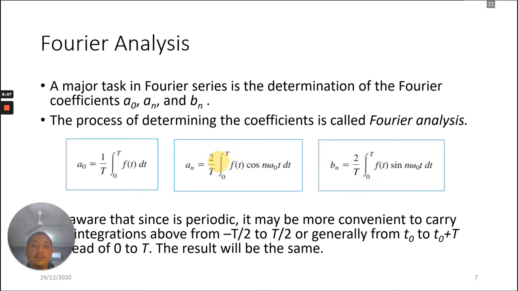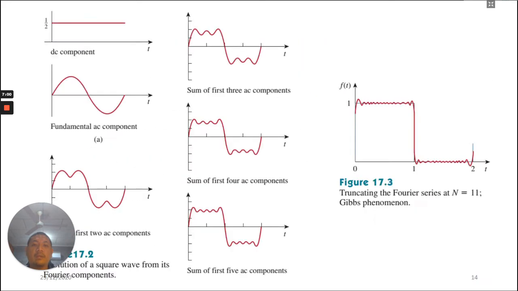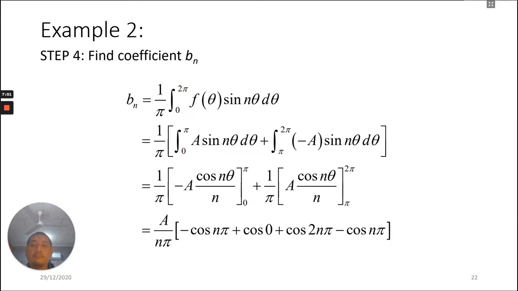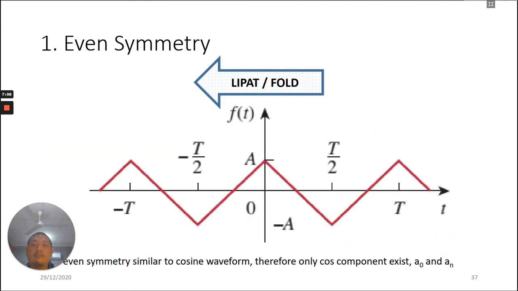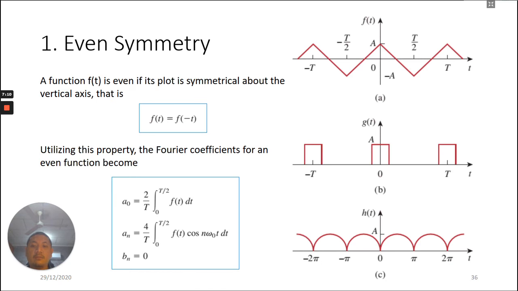So it is 2 over T here. But when you consider that it is either an even or odd symmetry, there is a slight difference. It is now 4 over T instead of 2 over T, and instead of T, it is T over 2.